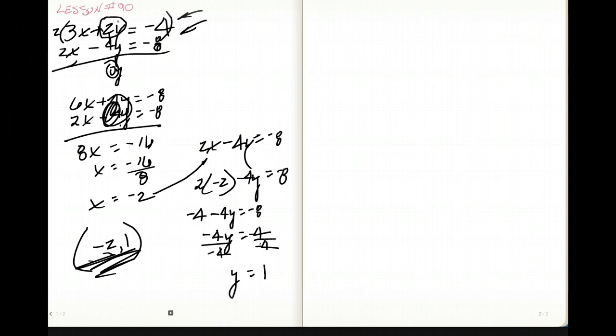What we're going to look at now is what are we going to do when we have three equations.